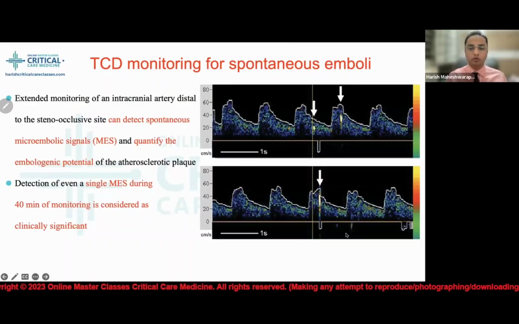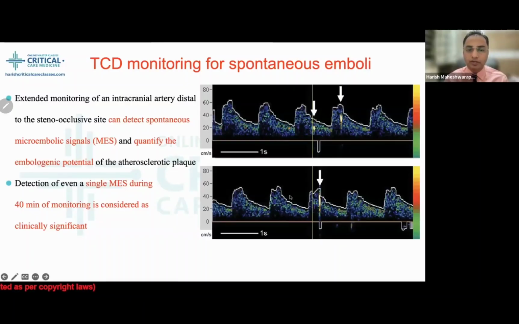So you do the TCD, and if an artery distal to a steno-occlusive site shows some microembolic signal, it tells about the atherosclerotic plaque and its embologenic potential. Detection of even a single MES during 40 minutes of continuous monitoring is considered clinically significant.